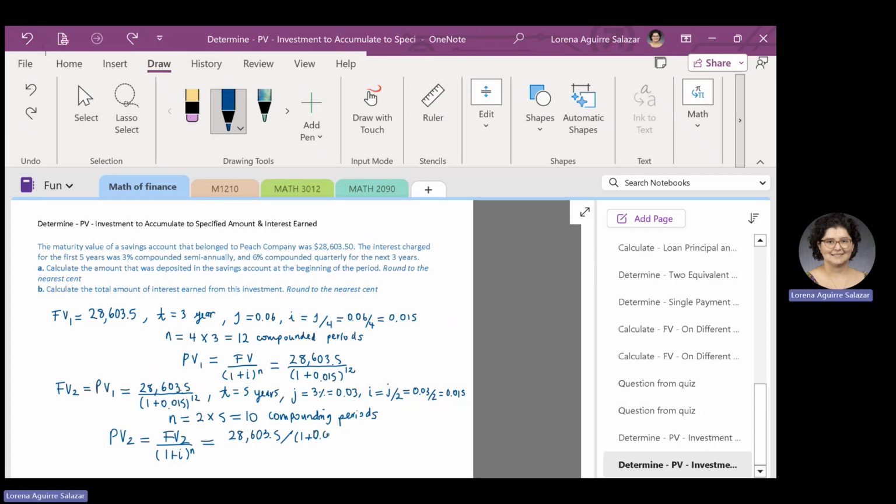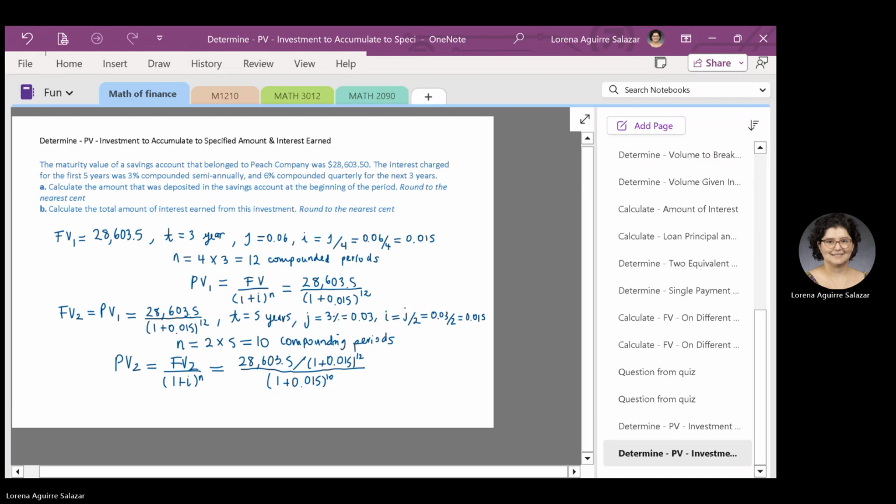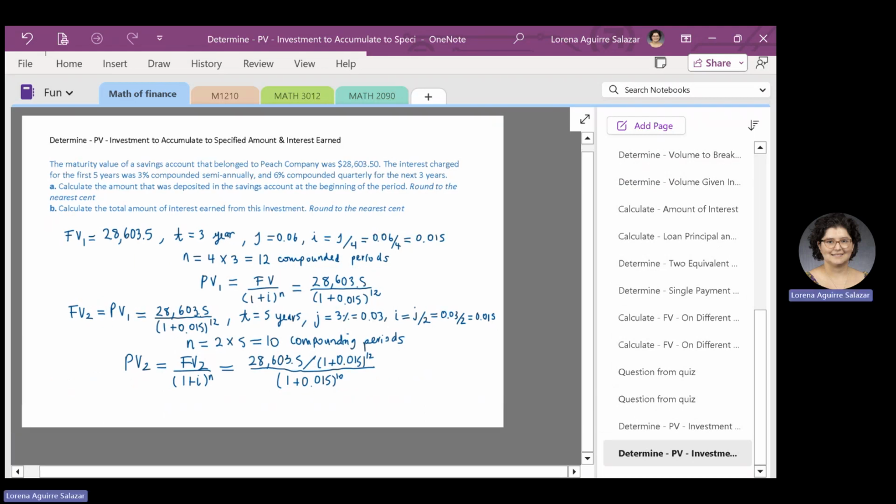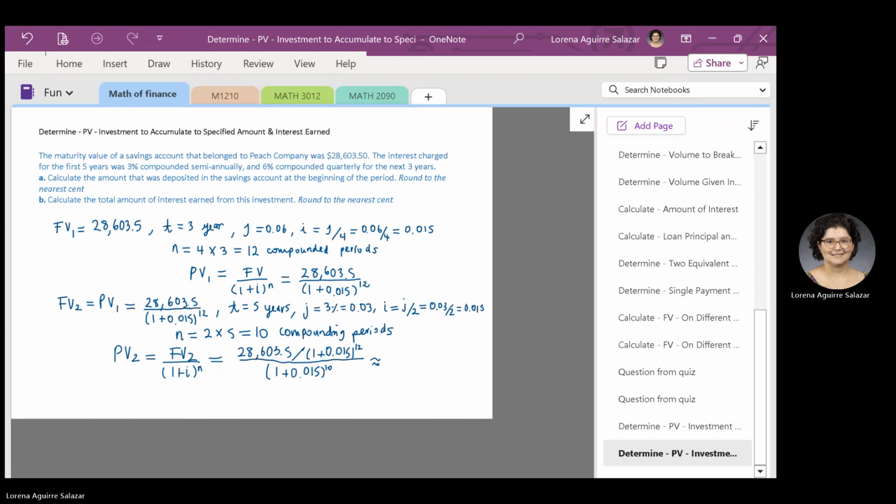And we want to divide this amount by 1 plus 0.015 to the 10. This amount can be found by using a calculator. If we use a calculator, we get that this amount is approximately equal to $20,614.19 when we round the answer off to 2 decimal places.